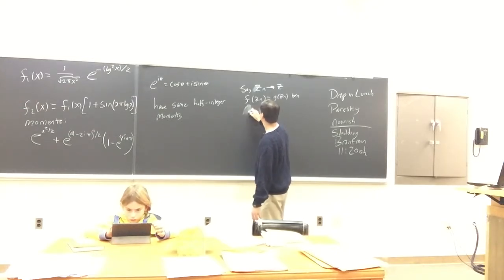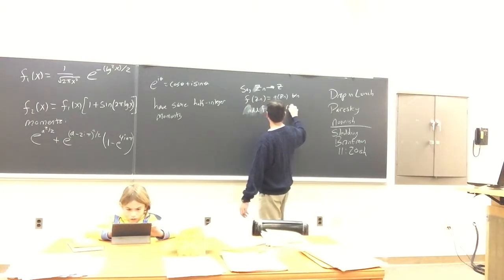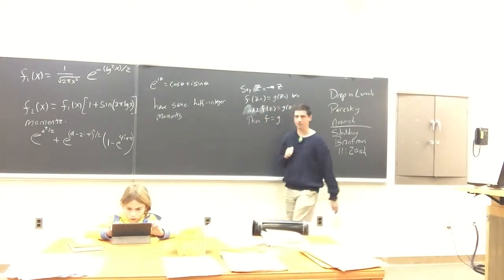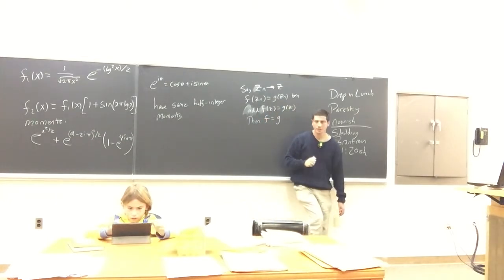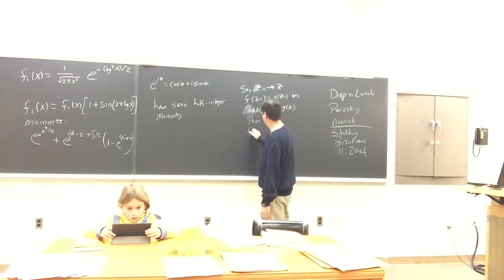And I'll add f of z equals g of z, just to be extra safe. Then f equals g. And here, f is complex differentiable.